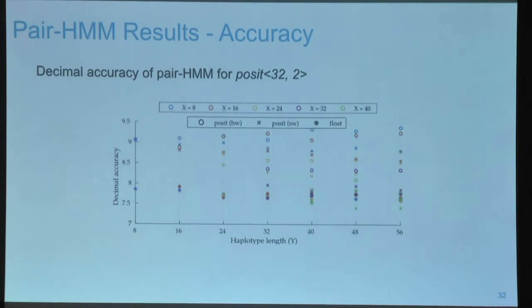So what about the decimal accuracy? We also used the 3-bit ES field, but the results are quite similar for this algorithm. It's a little bit convoluted, but the float is generally this little star.